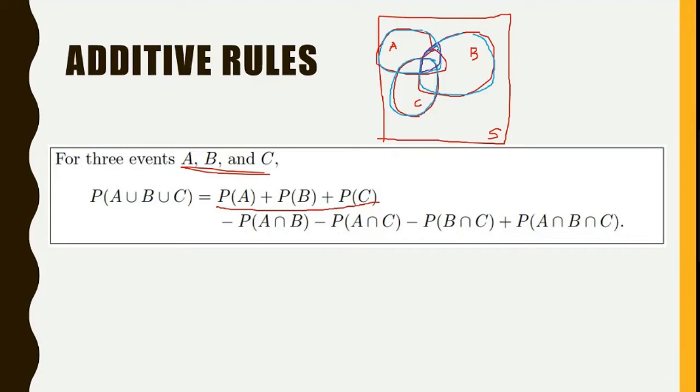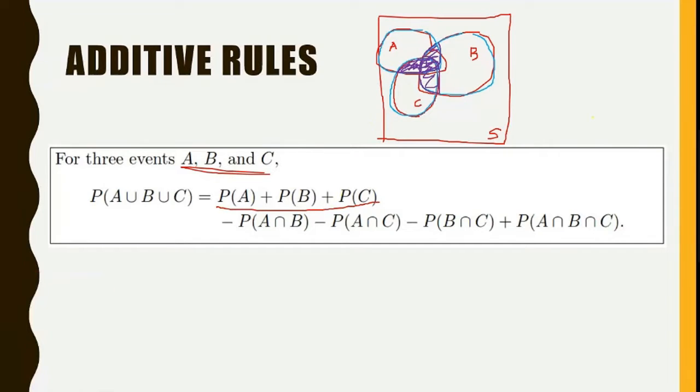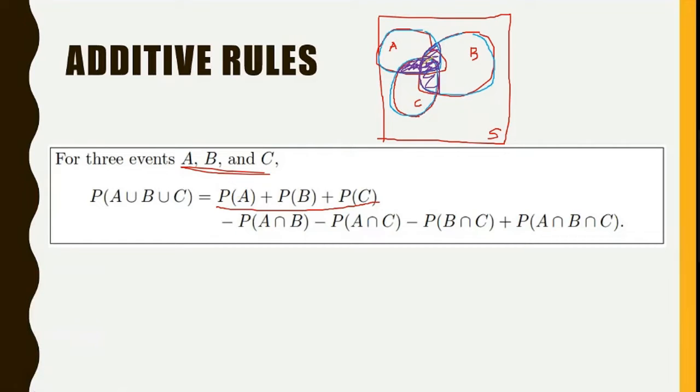This is the intersection of B and C here, and the intersection of A and C. Now, another thing is those intersections have another intersection, which means we will add this intersection here. This is the intersection of the three events, A, B, and C.